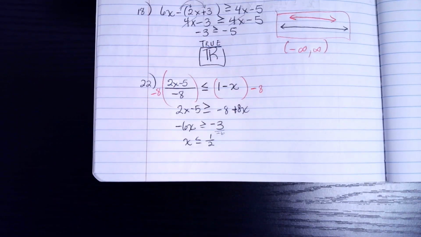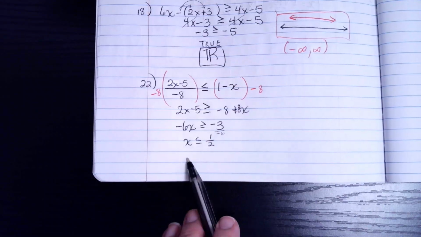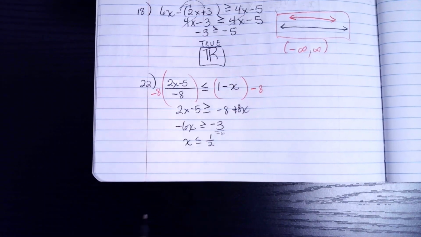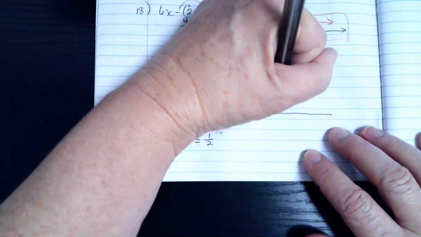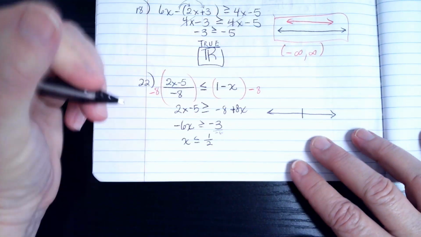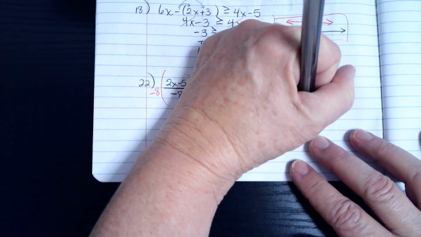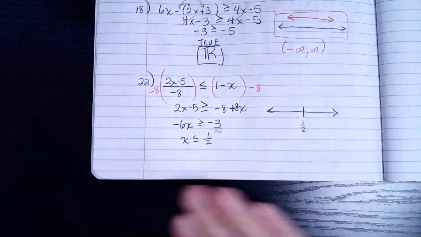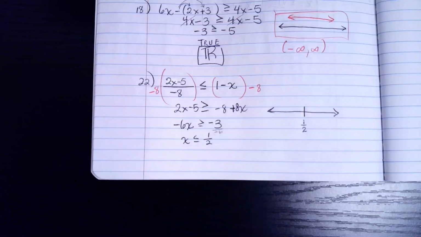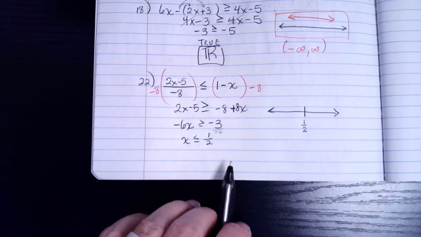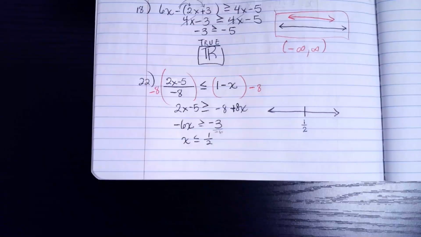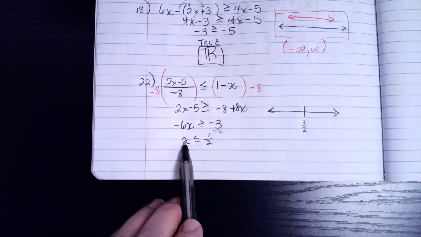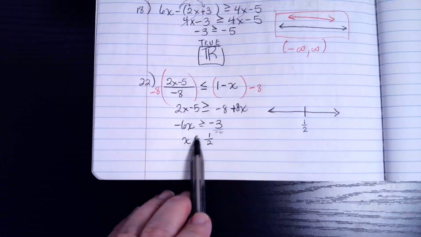So now, in this case, there's only one critical value, isn't there? This critical value splits my number line into everything to the left of 1/2 and everything to the right of 1/2. So I only either shade to the left or shade to the right, and because we got x in the front, this tells me which way to go.